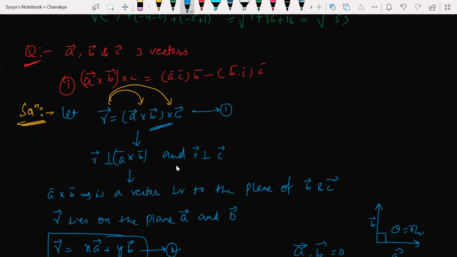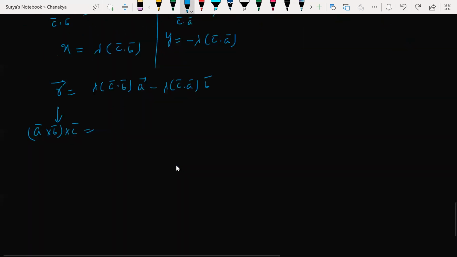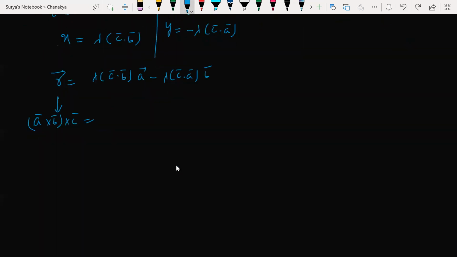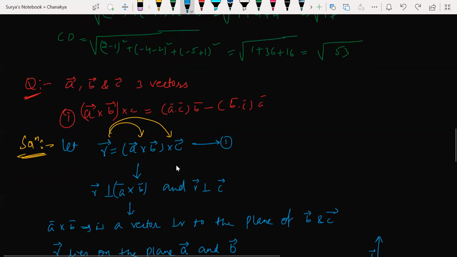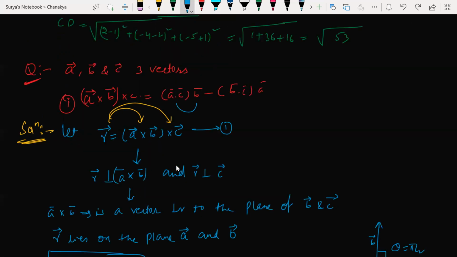Look at this one. What was our requirement? A cross B cross C is equal to A dot C times B minus B dot C times A. That is what we need to prove.